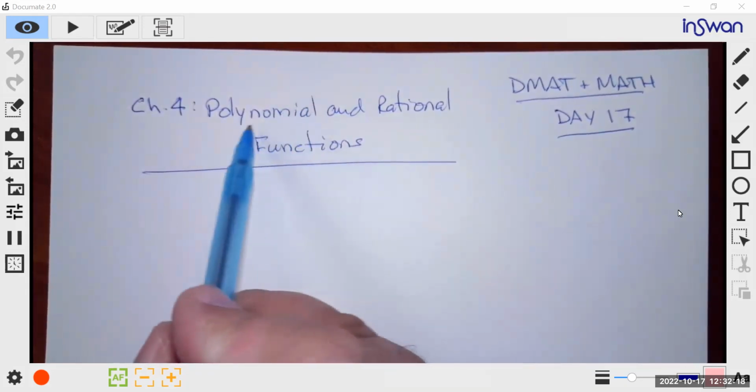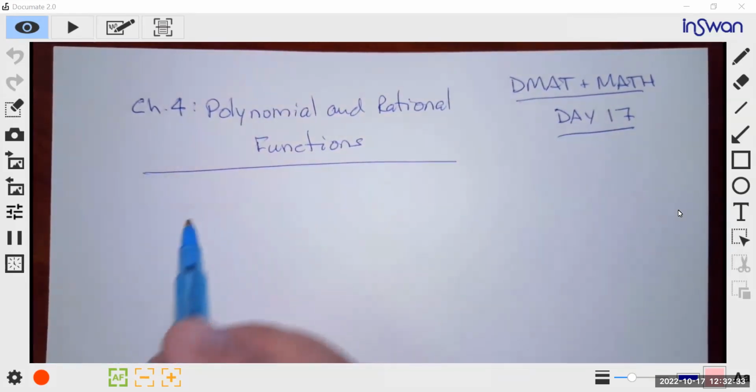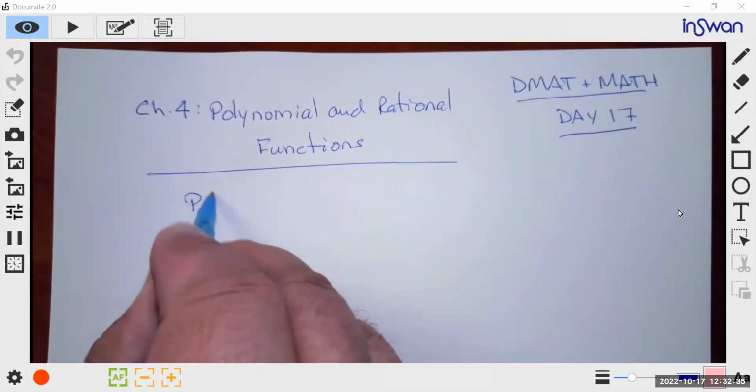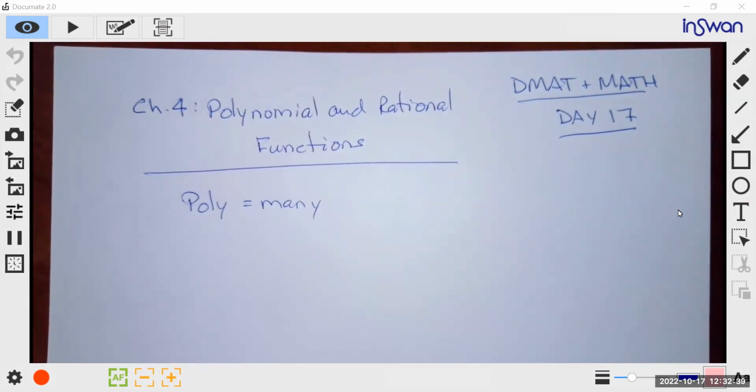For example, what is a polynomial? What does poly mean? What is that? Exactly, very good. Poly means many.